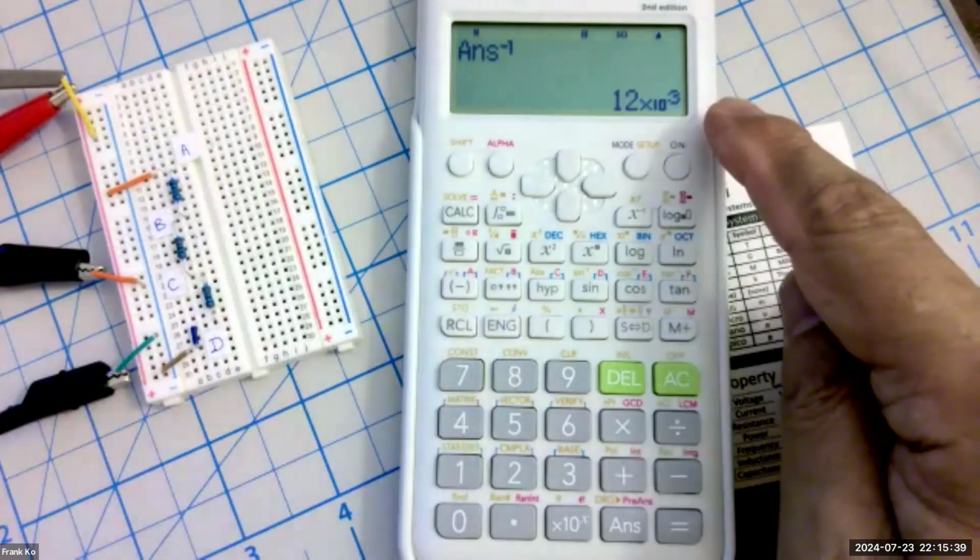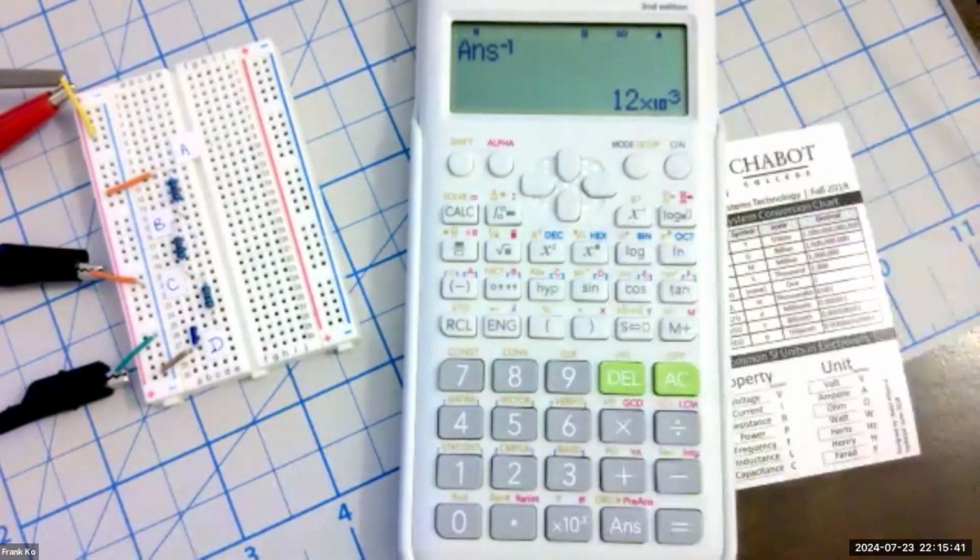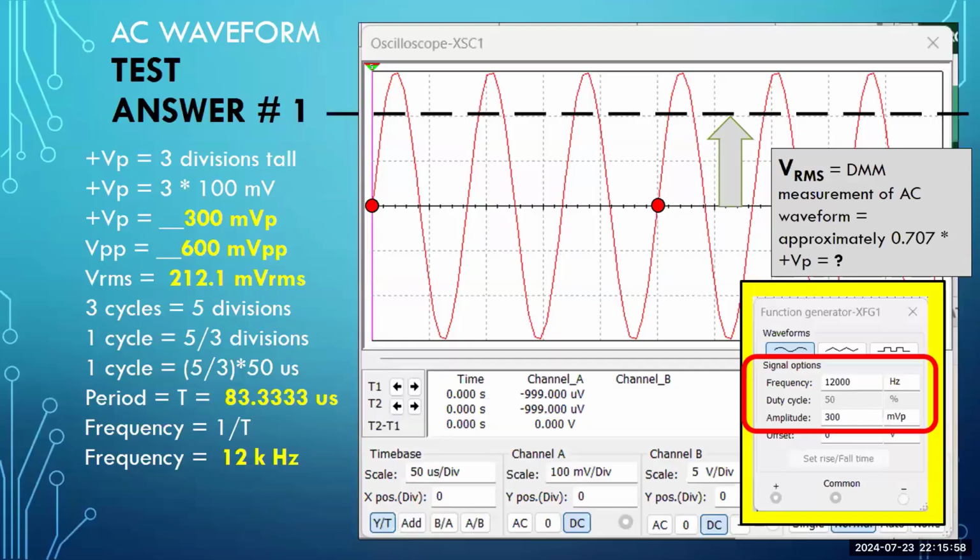We have 12, 10 power 3. There's your 12 kilo. So it's very, very important you do take the time to key in the engineering quantities as they are presented to you in our lessons, okay? So just multiply the digits. You've got to be sure you multiply the powers of 10.